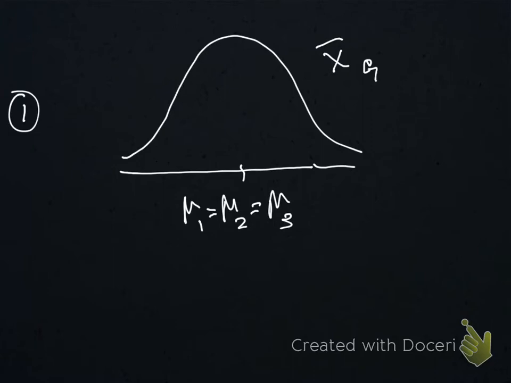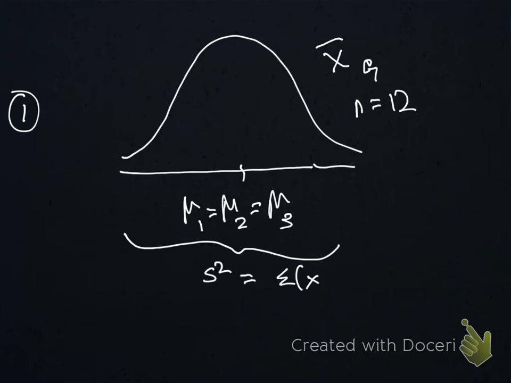In this instance, that would be the mean of all 12 of those scores, so n equals 12 here. And again, our sample size is limited just because I wanted to make a data set on this tablet, but ideally the sample size would be way larger than this. This would have a sample variance equal to the sum of each score minus the grand mean, squared, over the total sample size, or I guess the total sample size minus 1.